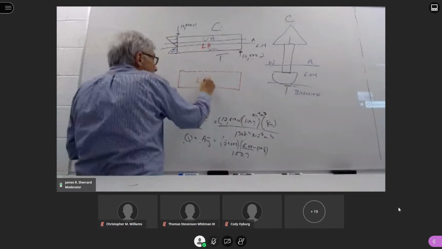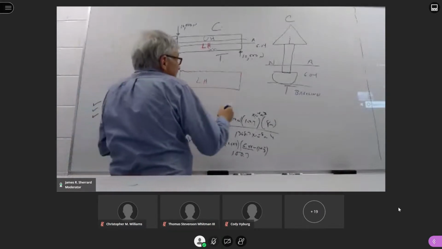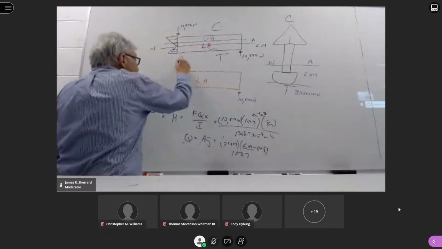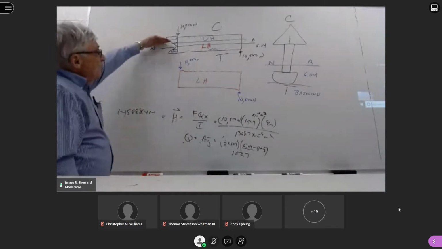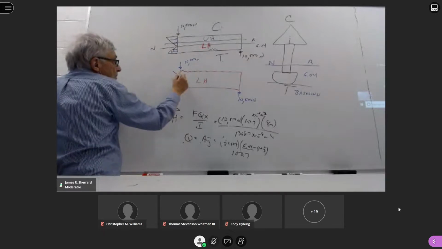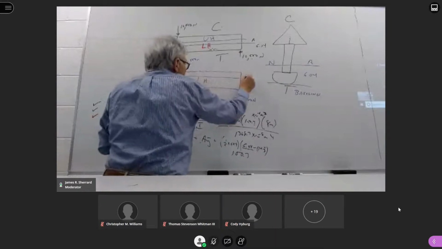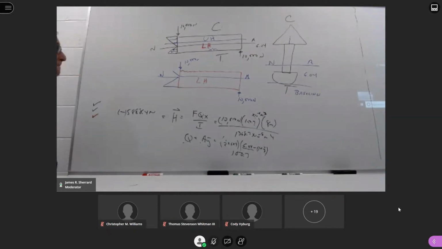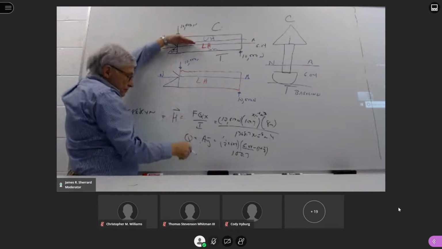And now I have the lower half. I still have this force acting up, this force acting down, but now from where I've cut it, I've just cut it here, and now I've looked at the stresses that are over here.